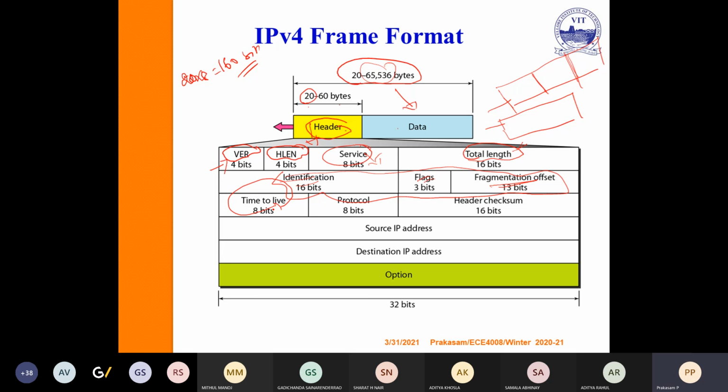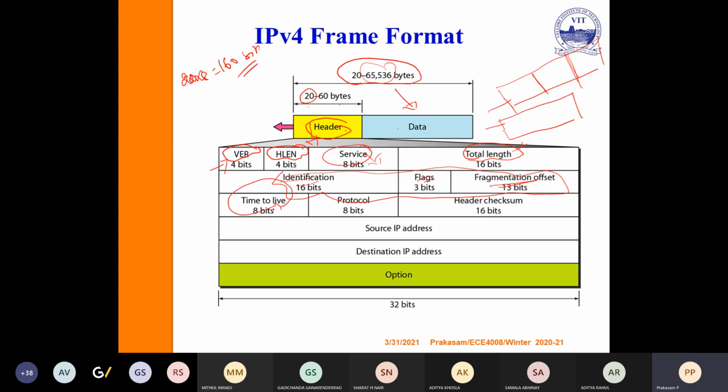Then next is the protocol. This protocol is used to represent which type of protocol we are going to establish for a transmission. Then next is header checksum, because even the network layer and data link layer ensure error control and flow control to avoid unnecessary errors in the transmissions.